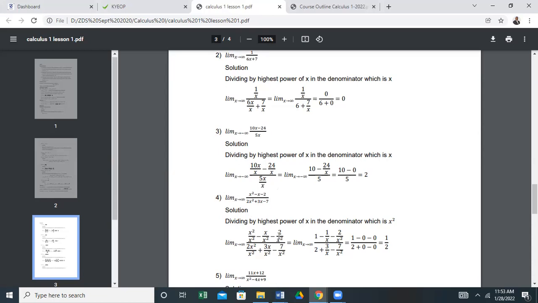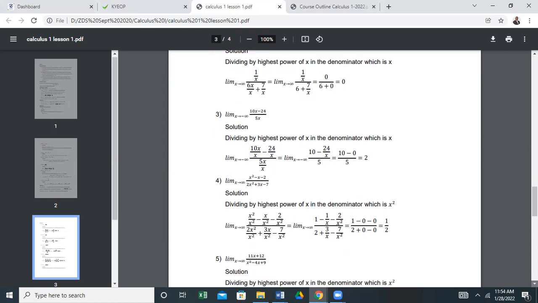I want you to appreciate that the highest power of x in our case here is x squared. Can you see that? It's no longer x, it is x squared. I'll be dividing everything by x squared. So I'll cancel out my x's, and whatever is divided by x, of course, will be tending to 0, and the answer will be a half.